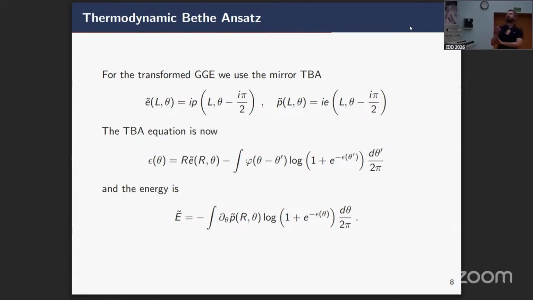And this can be, in terms of the GGE, formulated as swapping the energy and the momentum. And this then gives me the mirror TBA equations. So now if I want to find my energies of the transformed GGE, so the E tildes, I then just have a different driving term. I solve a different nonlinear integral equation, and now I plug my solution into a different energy integral to get back these transformed energies.